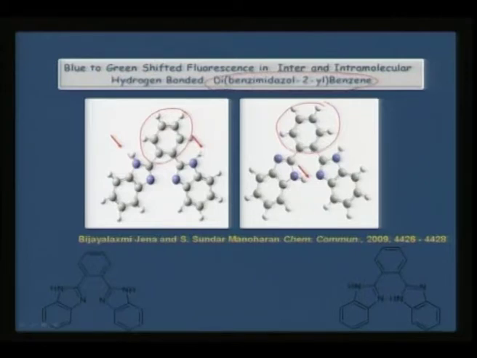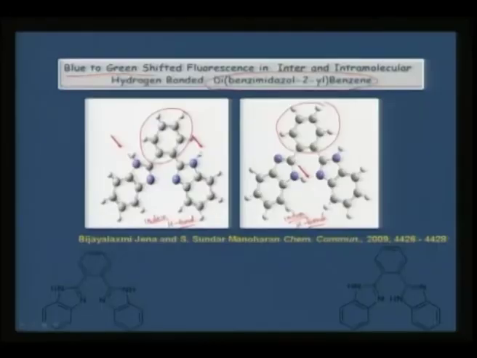So, depending on that I can either talk about the possibility of an intermolecular hydrogen bonding, or I can talk about intramolecular hydrogen bonding. Both are possible. In such cases you can expect different sorts of PL properties, and that is exactly what happens.